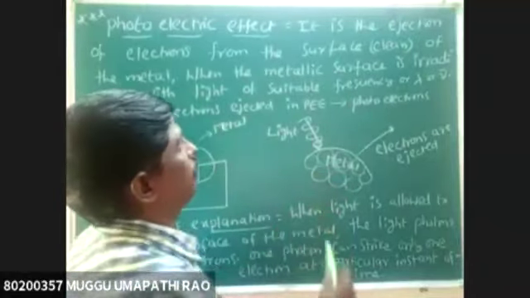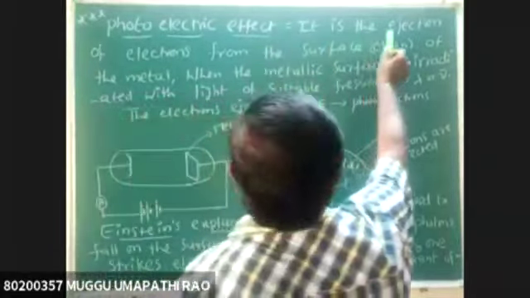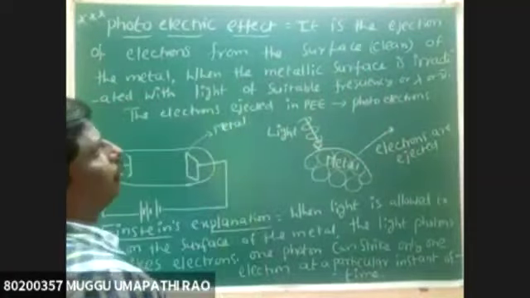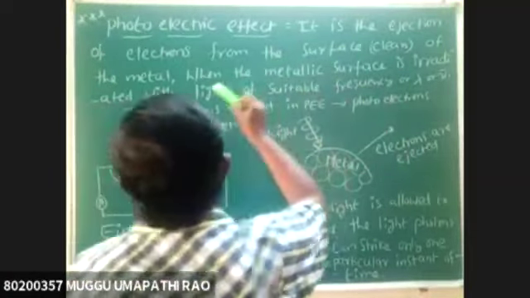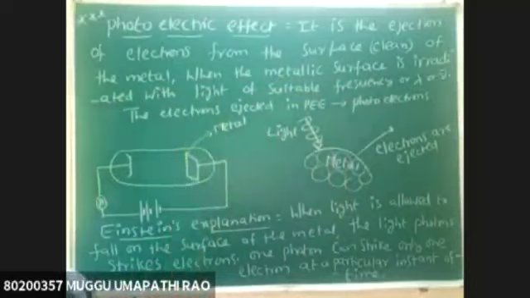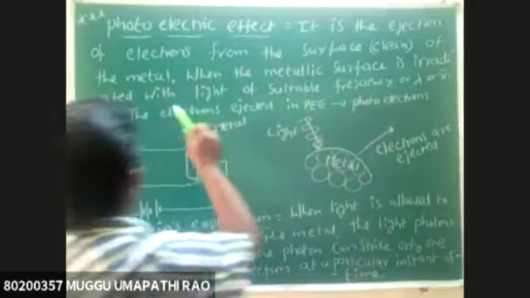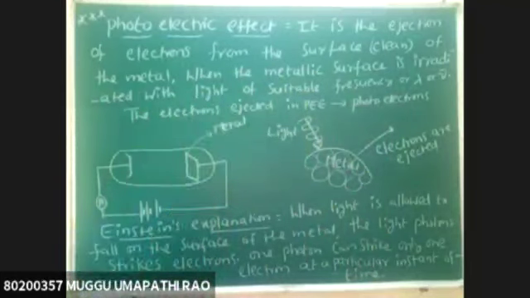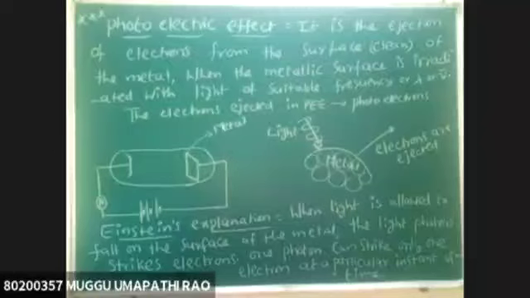It is the ejection of electrons from the surface of the metal when the metallic surface is irradiated with light of suitable frequency or wavelength or wave number. This is called the photoelectric effect.